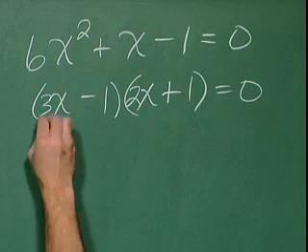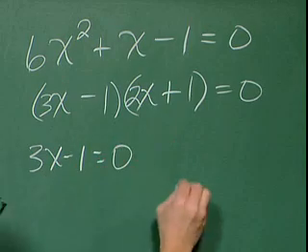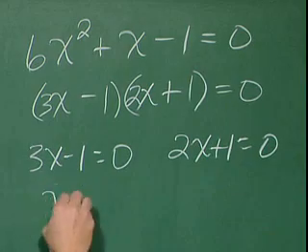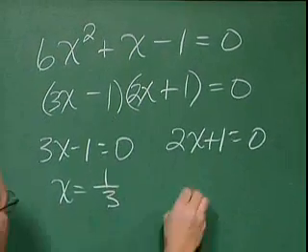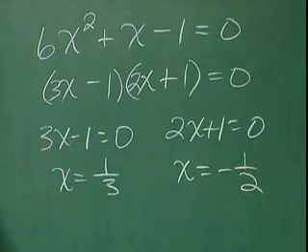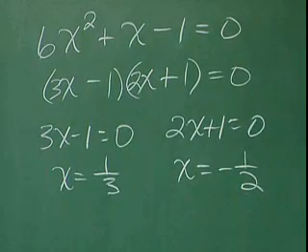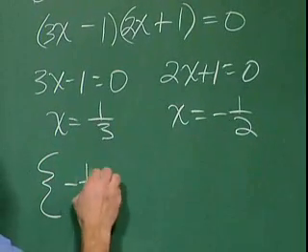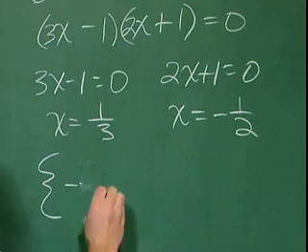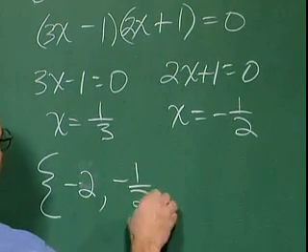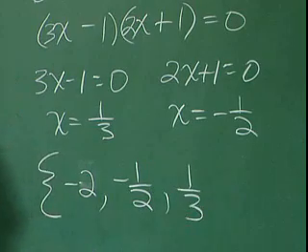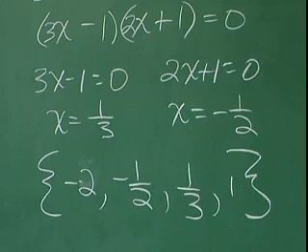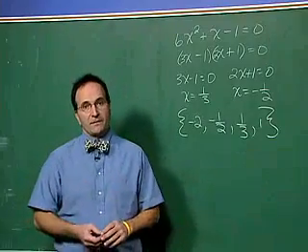Now we know that 3x minus 1 equals 0, 2x plus 1 equals 0, and that tells me that x is equal to 1/3 and x is equal to -1/2. So the four zeros for this polynomial are, let's put them in order, -2, -1/2, 1/3, and 1. And those are the four zeros of our polynomial. Using the graphing calculator eliminated some of the work for us.